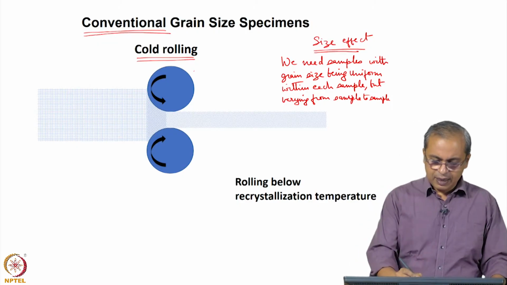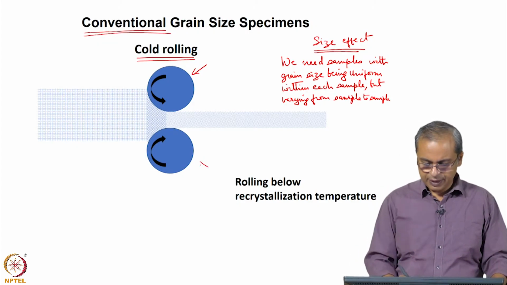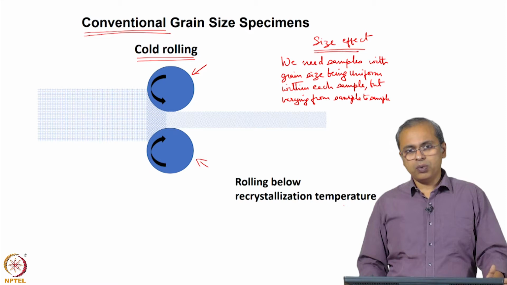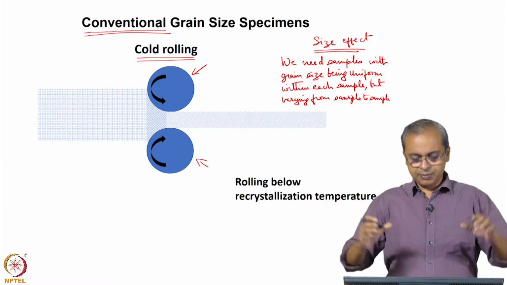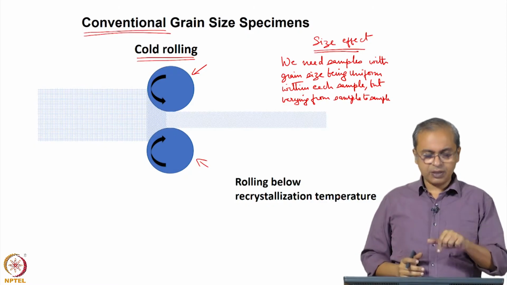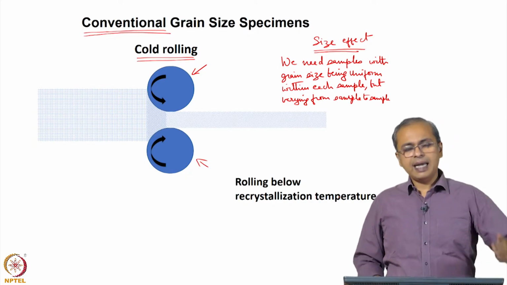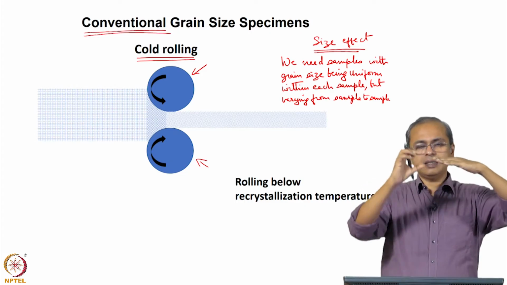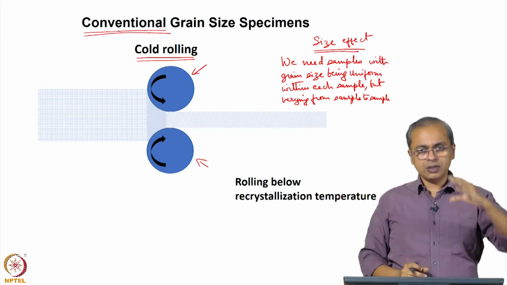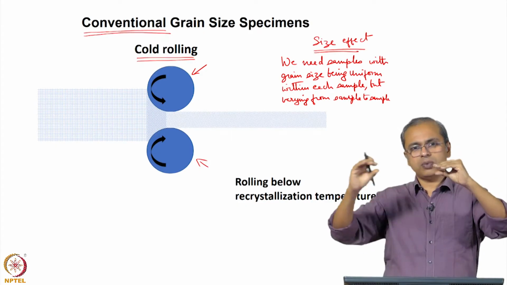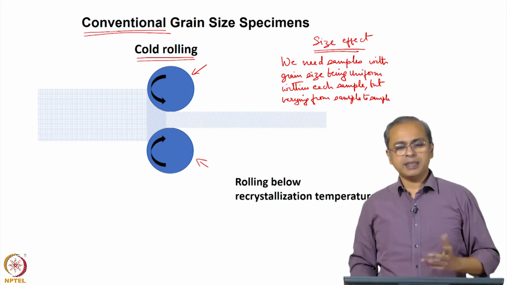You have two rolls here, one here and one here. They are cylindrical in shape. So, you are seeing from one side of the cylinder, so you are seeing the circular cross section, and then you feed the sheet. Based on the gap between those cylinders, you squeeze the sheet and it comes out as a thinner sheet. So, that is basically what you are doing.